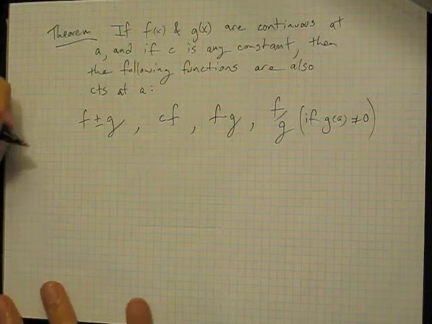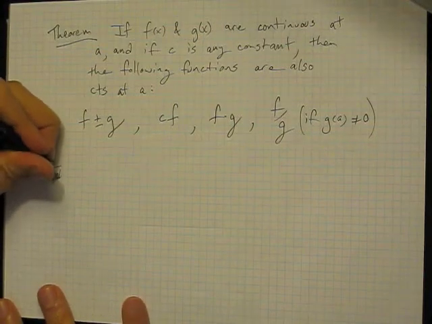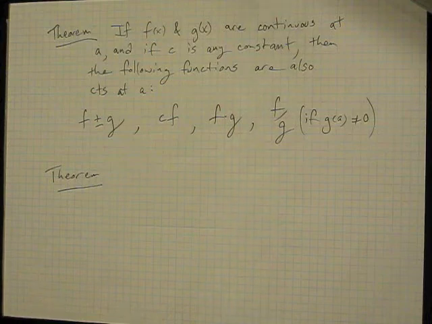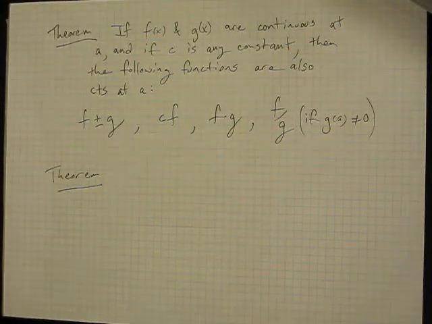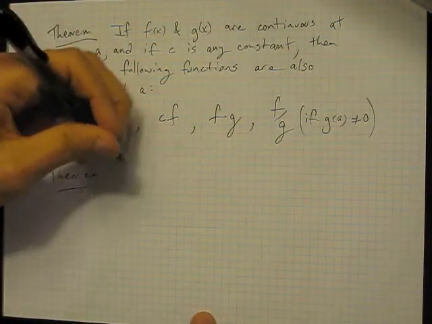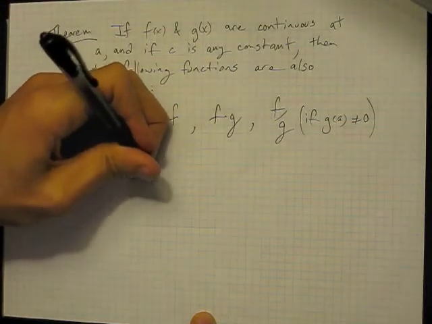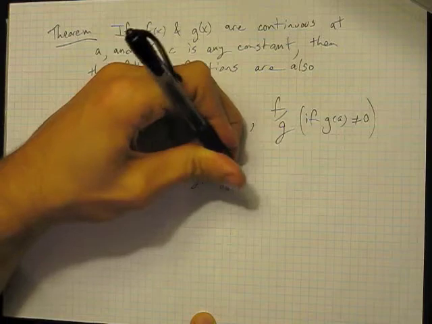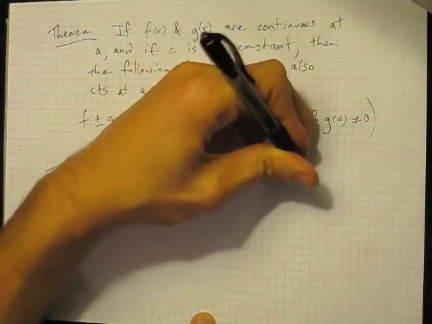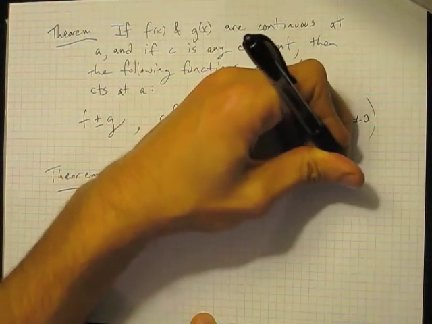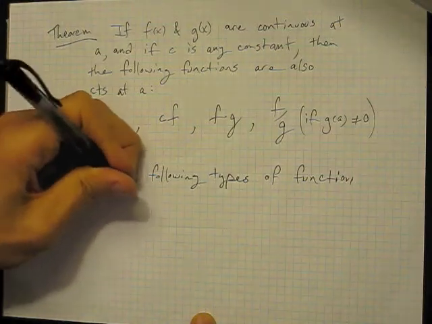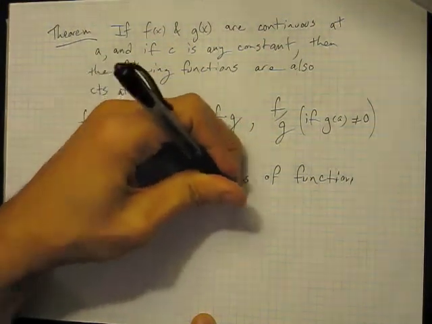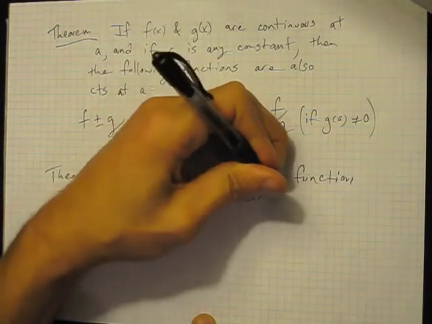So that's a theorem. Another theorem, and these are theorems that I just anticipate that you will use all the time through this course. Another theorem, the following types of functions are continuous on their domain.